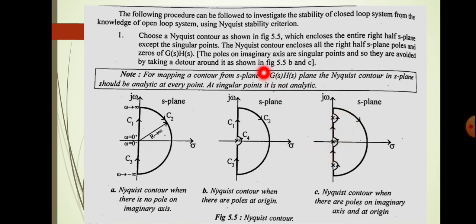First of all, we have to choose a Nyquist contour as shown in the figure. That means the Nyquist contour should enclose the entire right half S-plane except the singular points. This is a Nyquist contour. It includes C1, C2 and C3 and it should cover the entire right half S-plane, that is, the right half is this section.